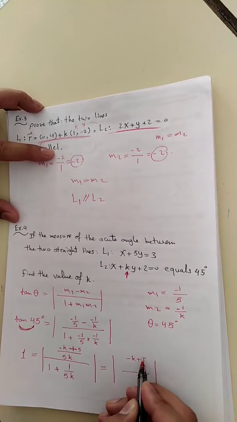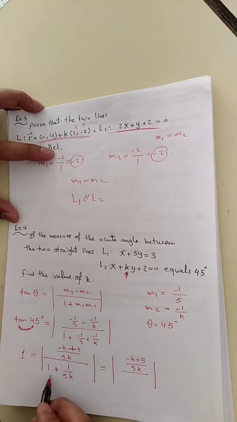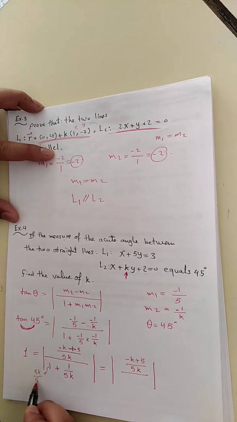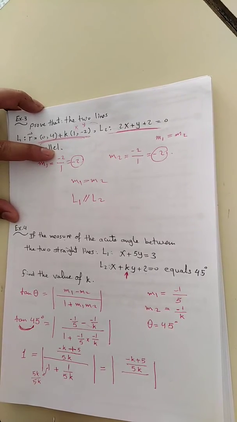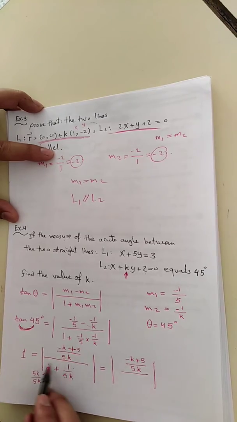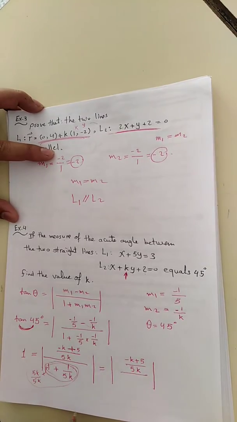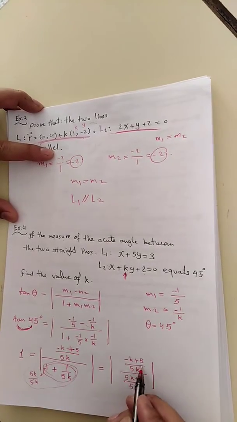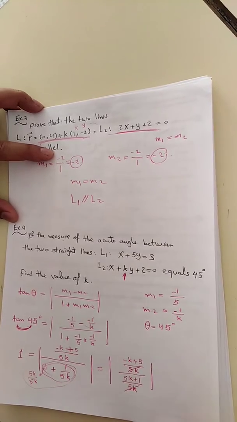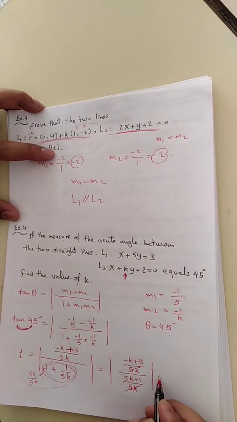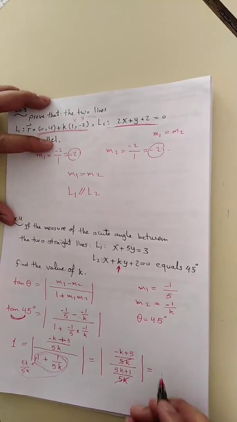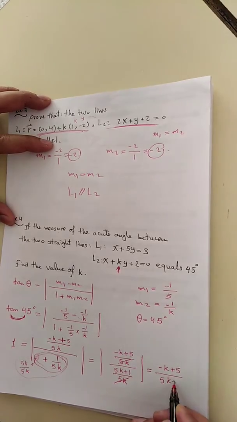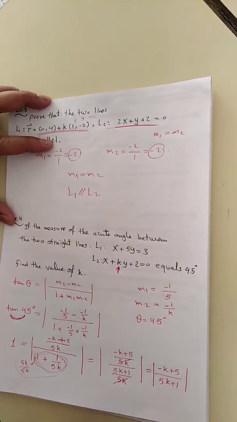Negative k plus 5 over 5k, and we can replace 1 by 5k over 5k also. Then this expression will be 5k plus 1 over 5k. The same denominators, cancel them and write negative k plus 5 over 5k plus 1 in our absolute value.